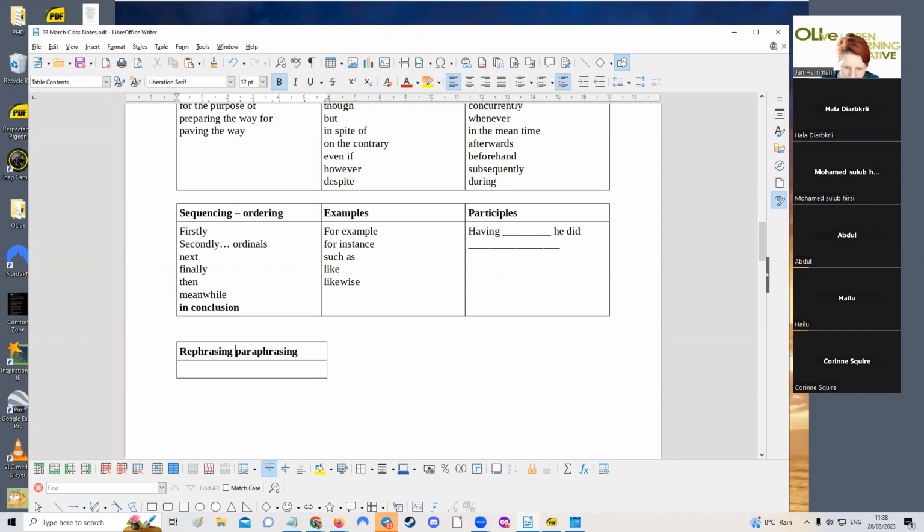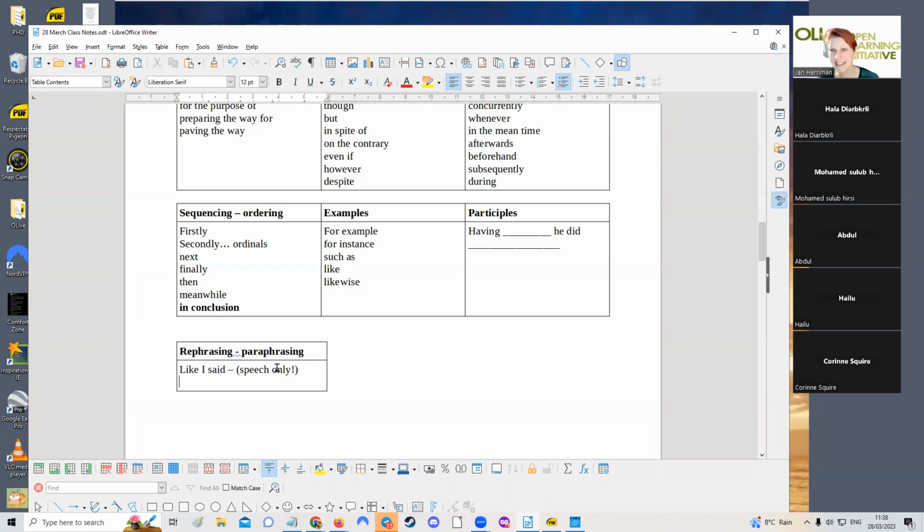Rephrasing, paraphrasing. Usually we say in conversation, like I said. As explained. Speech only.